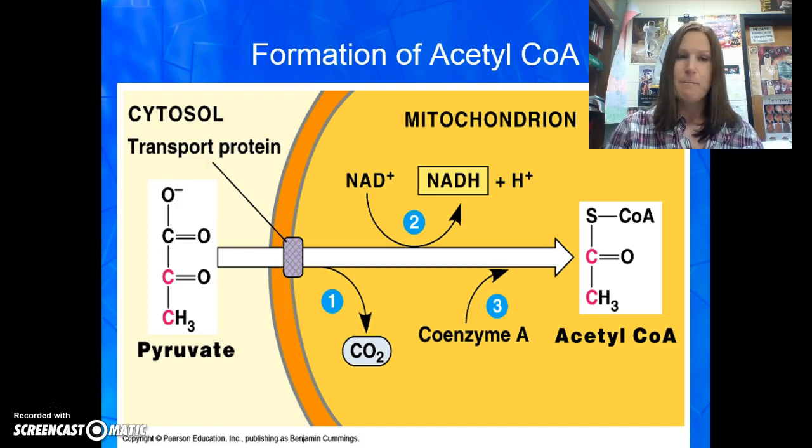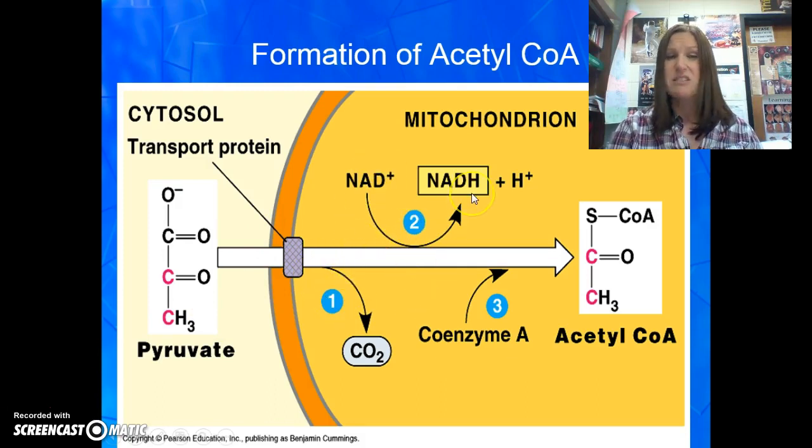But if it is present, that pyruvate is going to go through that transport protein via active transport. It is going to lose its carboxyl group, so when that carboxyl group is removed as carbon dioxide, it has now become acetate. We're right here.